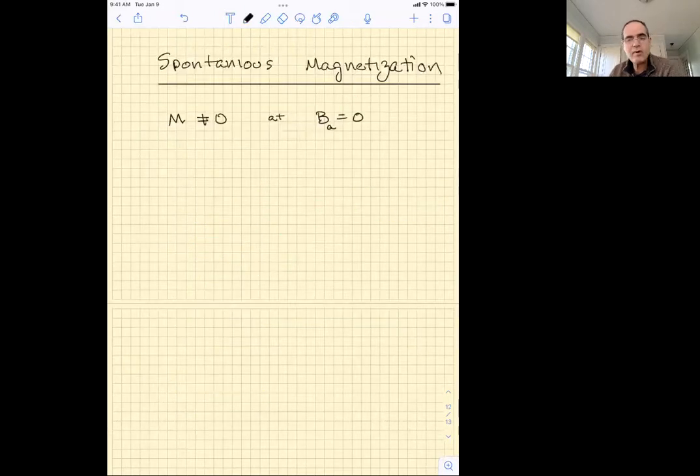All right, so what we mean by spontaneous magnetization is that the magnetization is not zero, even when the applied field is equal to zero. And we can analyze this first by recognizing that if the applied field is zero, then the effective magnetic field is just lambda times the magnetization in the mean field model, okay?